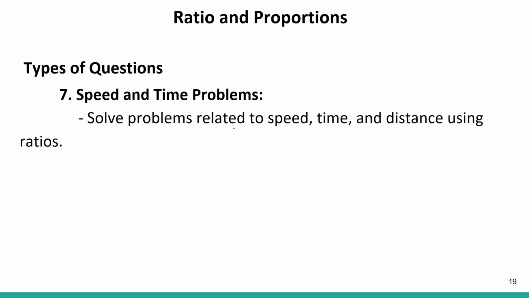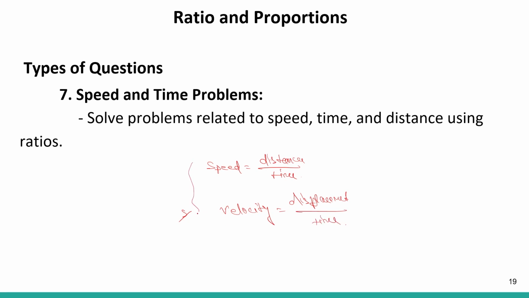So let's see the seventh type of question, that is based on speed time problems. Solve the problems related to speed, time, distance using ratios. We already know the formula of speed, that is speed is equal to distance by time, and velocity is equal to displacement by time.